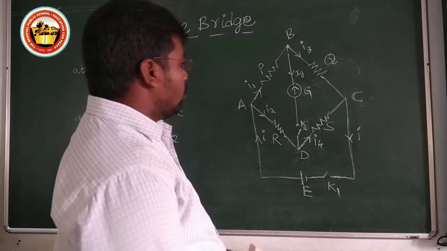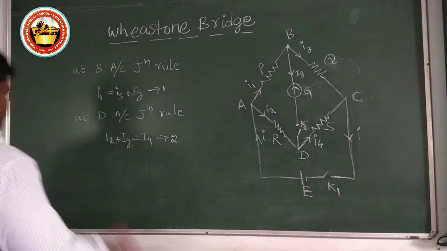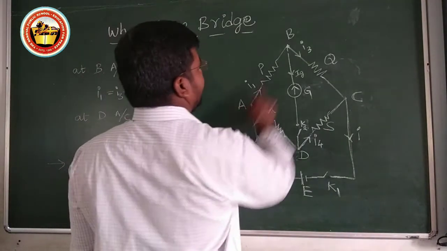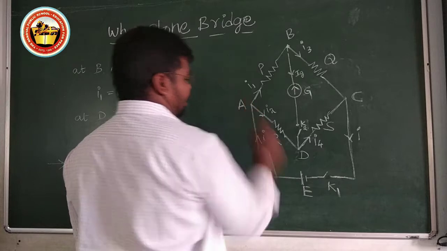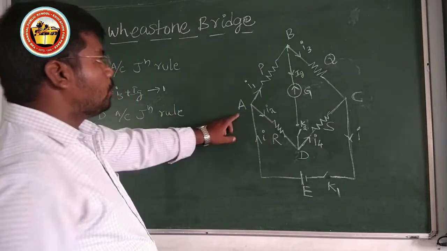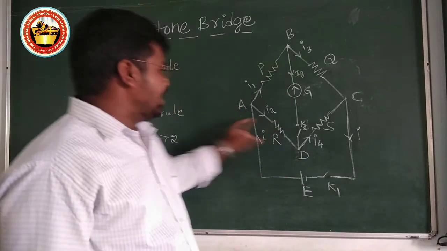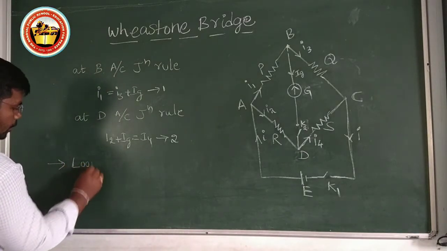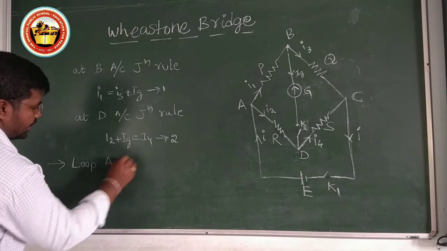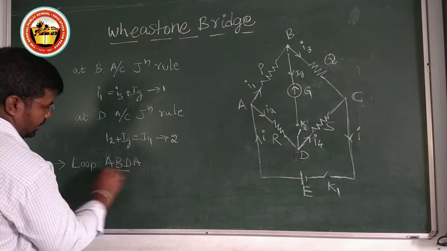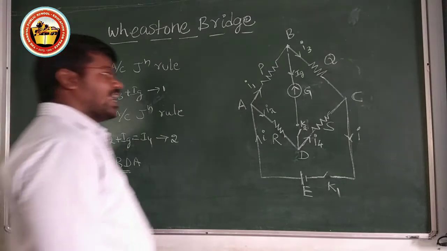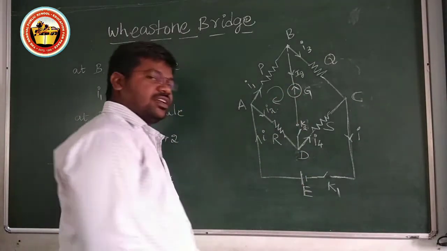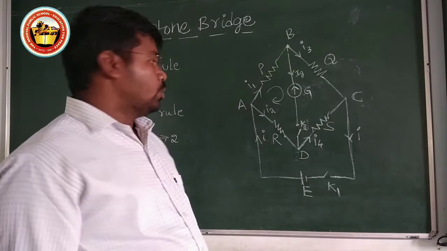Coming to the Kirchhoff loop rule. Consider loop A, B, D, A. Here we can assume the clockwise direction according to the loop rule.